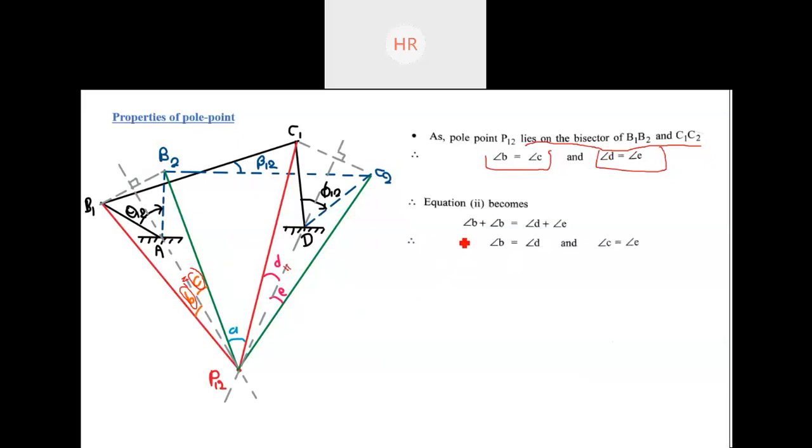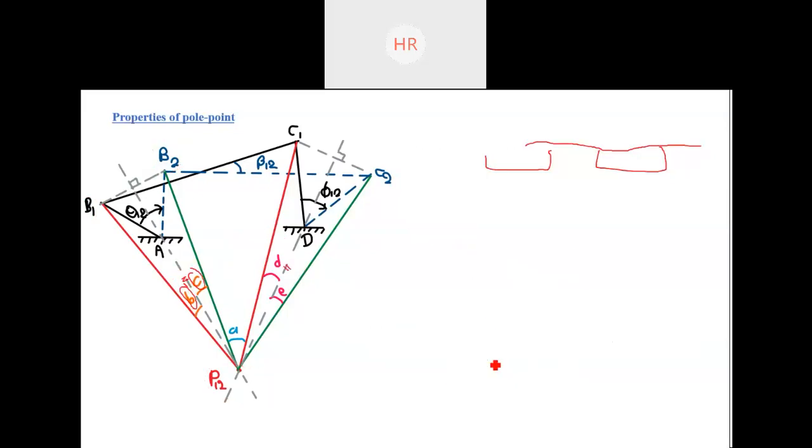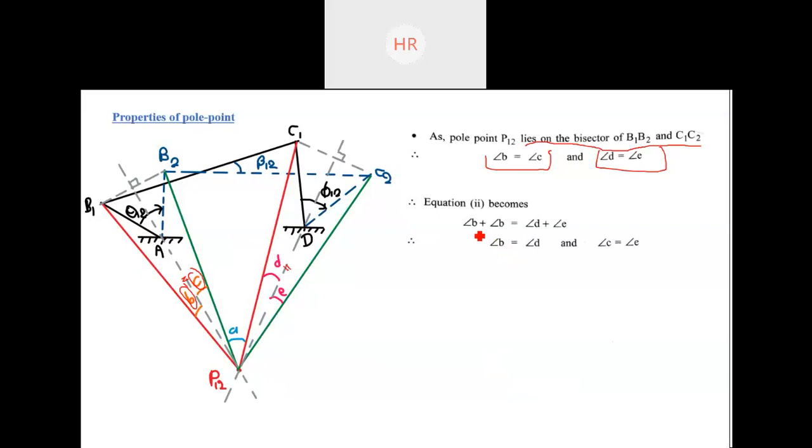Therefore, if we substitute this in this equation, then we can get B plus B. What was here? Angle B plus angle C is equal to angle D plus angle E. But now we know that B is equal to C, so we can substitute over here, and D is equal to E, so we can substitute over here also.